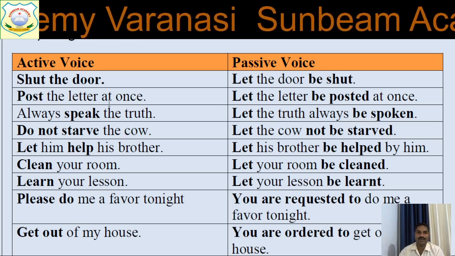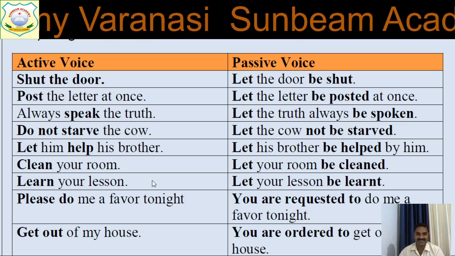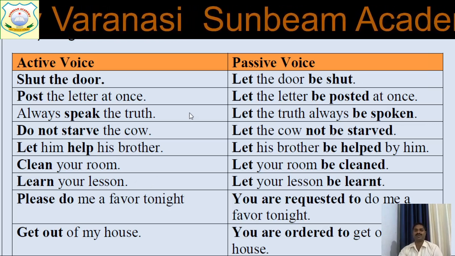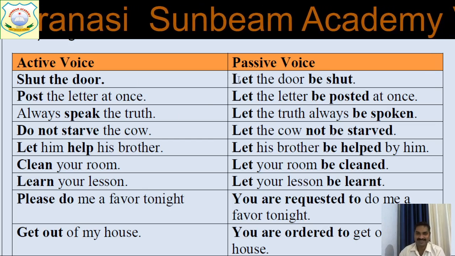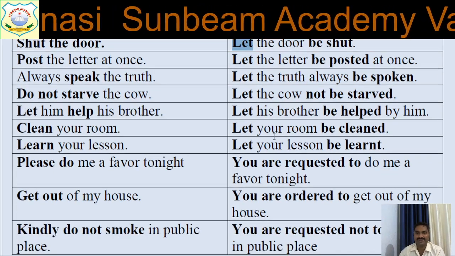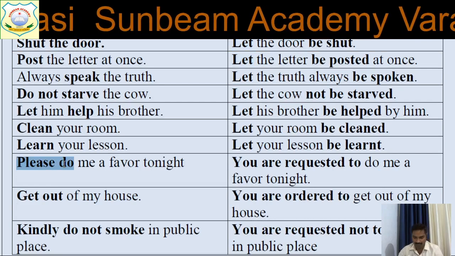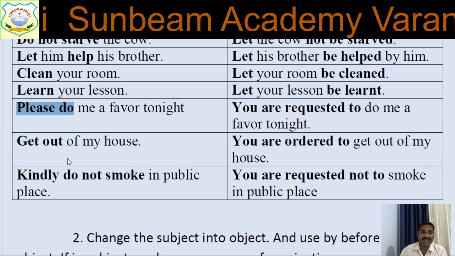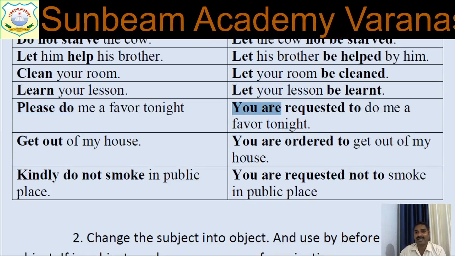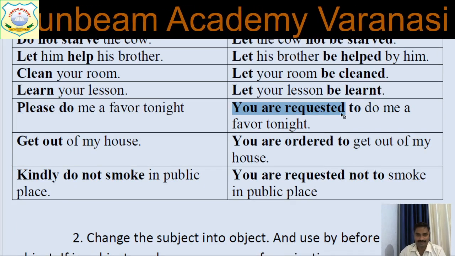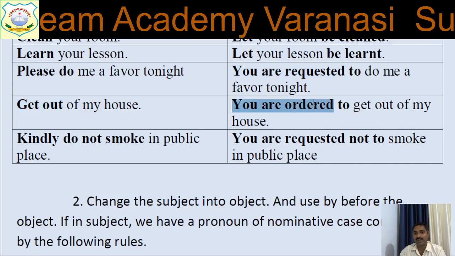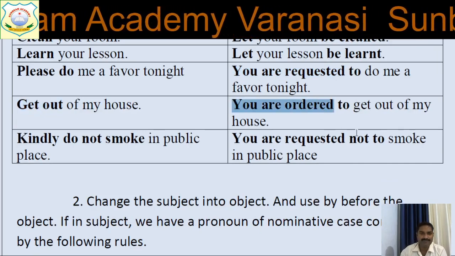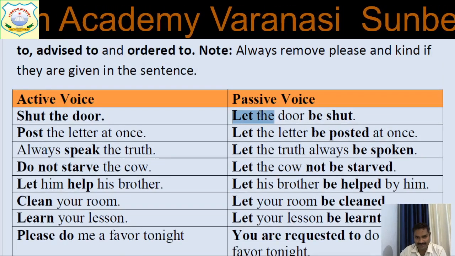So first of all, when it is an imperative sentence, a command, request or order, if you think that it is simply asked, you will say let. If you think that it is a request, and please is mentioned here, you will write you are requested. If you think that it is an order, you will write you are ordered. If you are confused, you can write let.